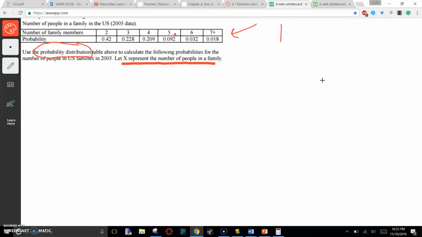So we're going to do a couple of things. The first thing that we're going to do is see what the probability distribution looks like by making a histogram.